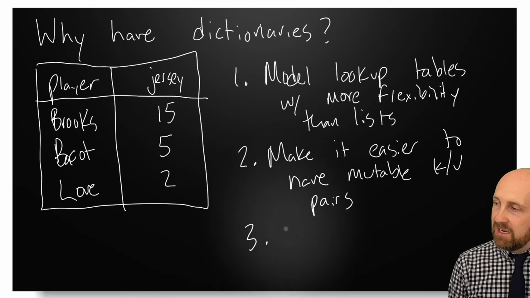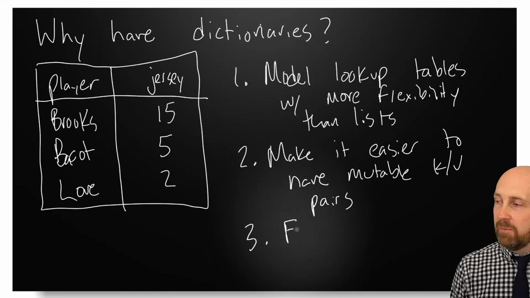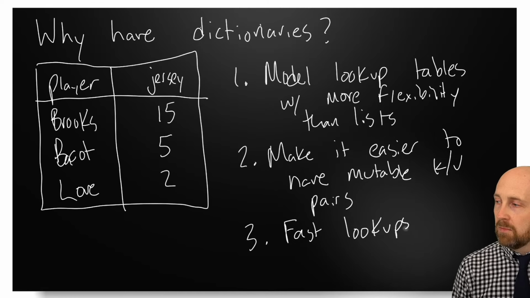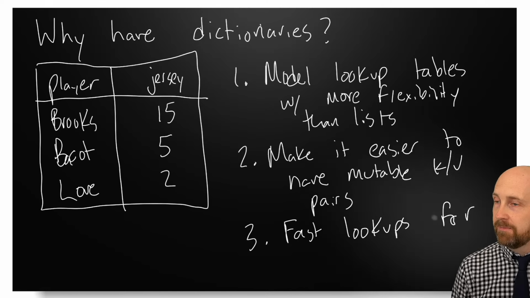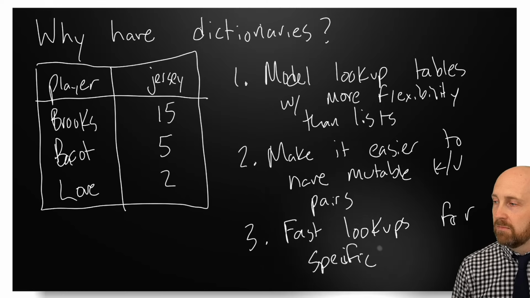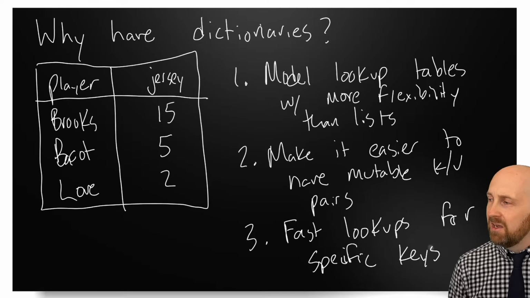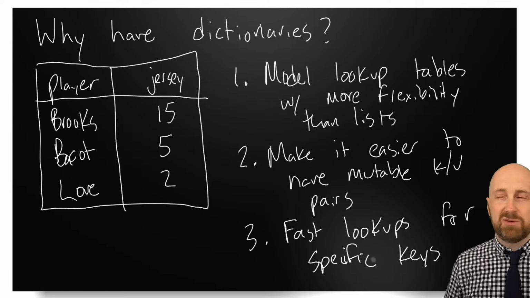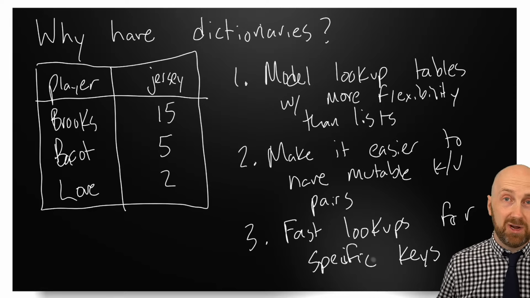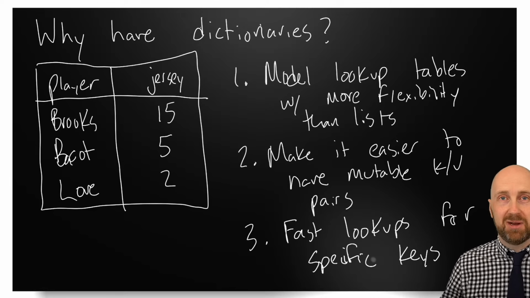And the third reason is that we have very fast lookups for specific items, or I should say specific keys. All right. As I mentioned, we could do this with two lists and just have the names of the players in one list and in the same order, their jersey numbers.